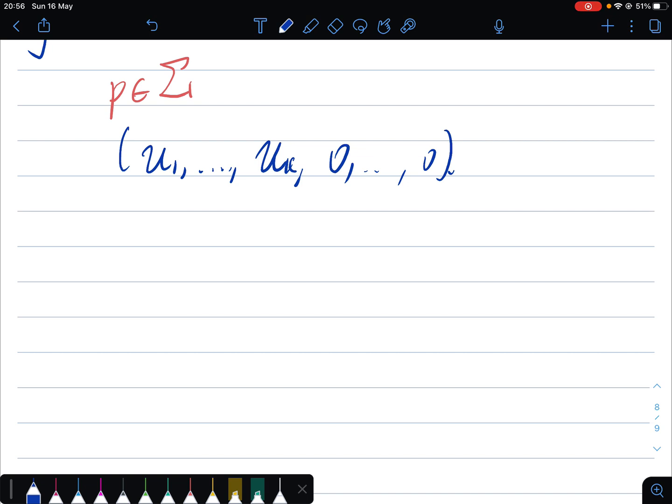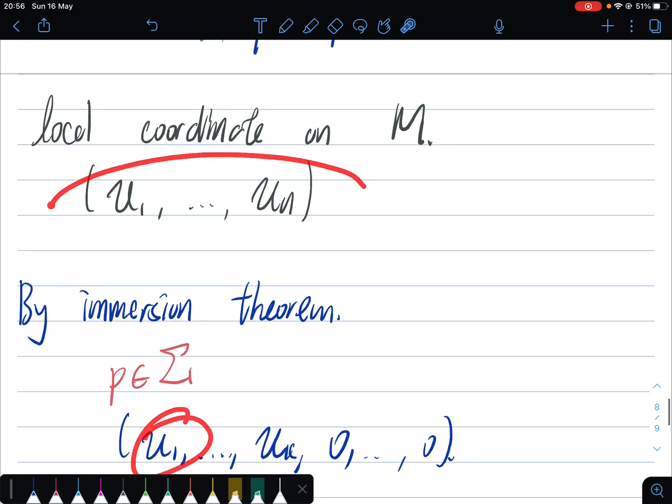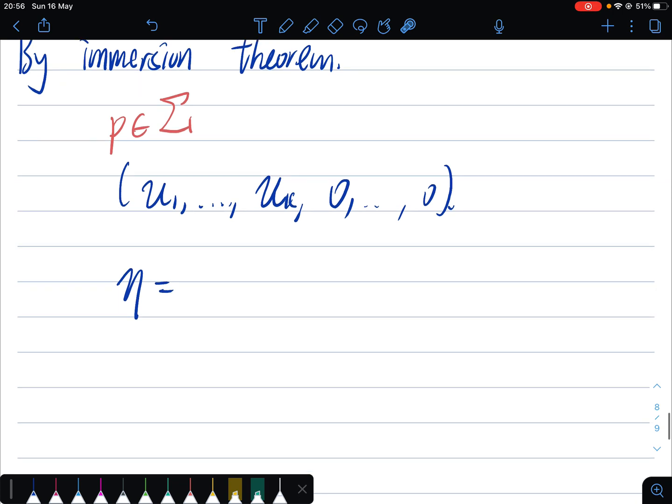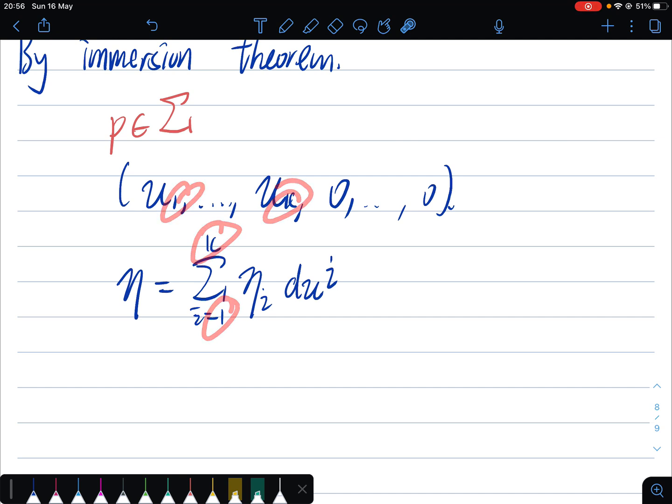Then we can denote eta using the same coordinate system as our manifold, and eta is equal to its expression in our local coordinates from 1 to k, like this one.